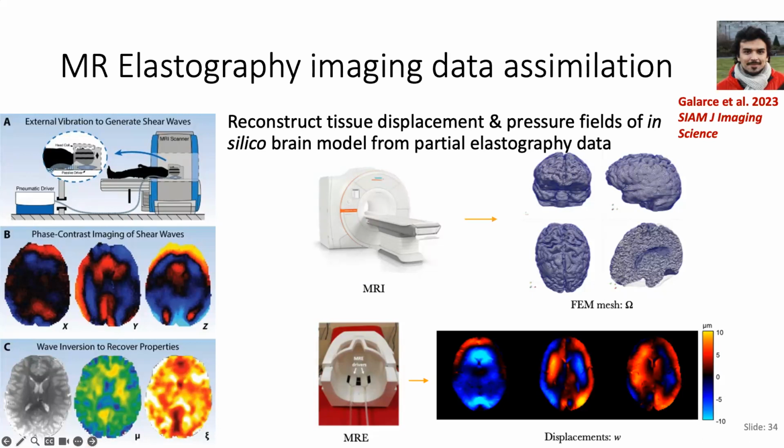currently, we want to investigate this data assimilation approach for estimating tissue displacement and pressure fields in this in silico 3D brain model, when we have partial elastography, not 150 slices, but just a handful of slices.